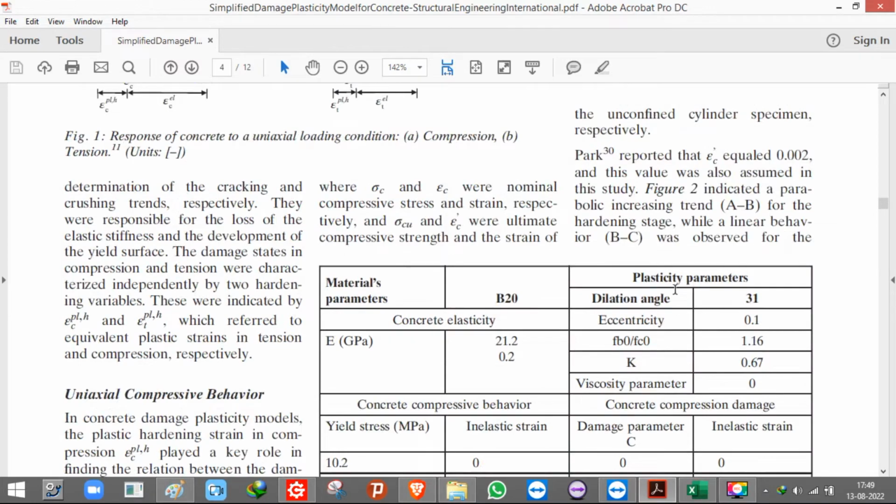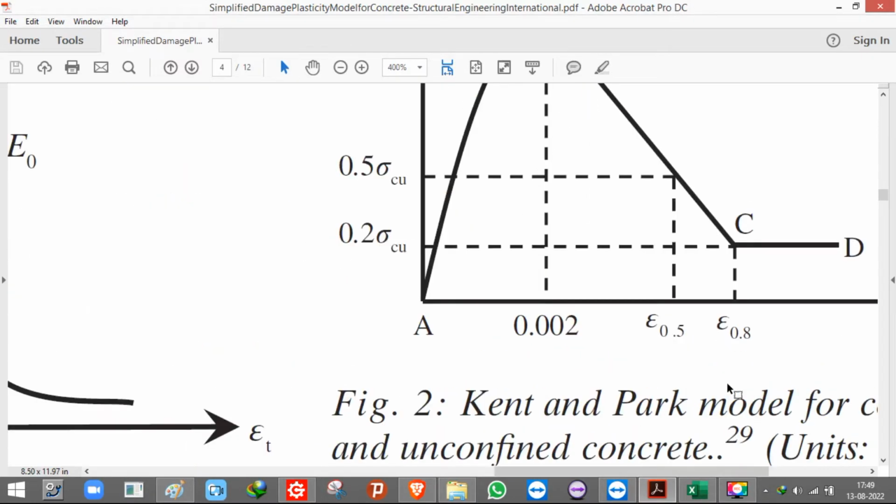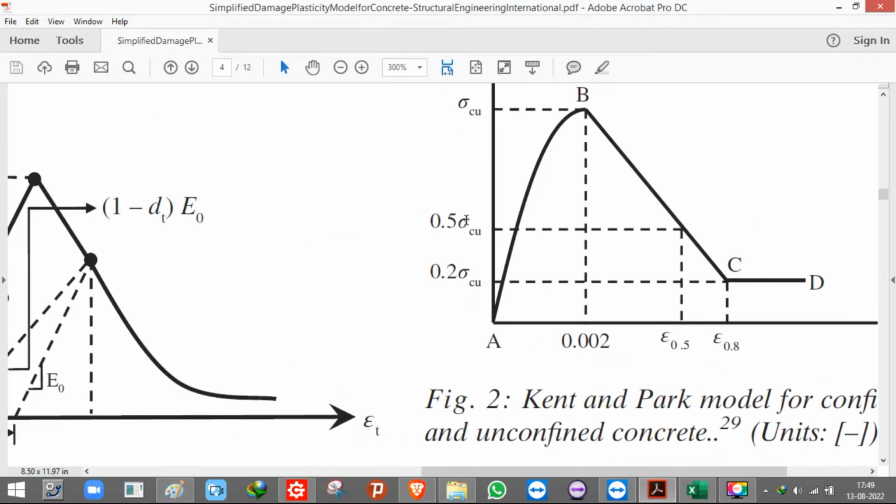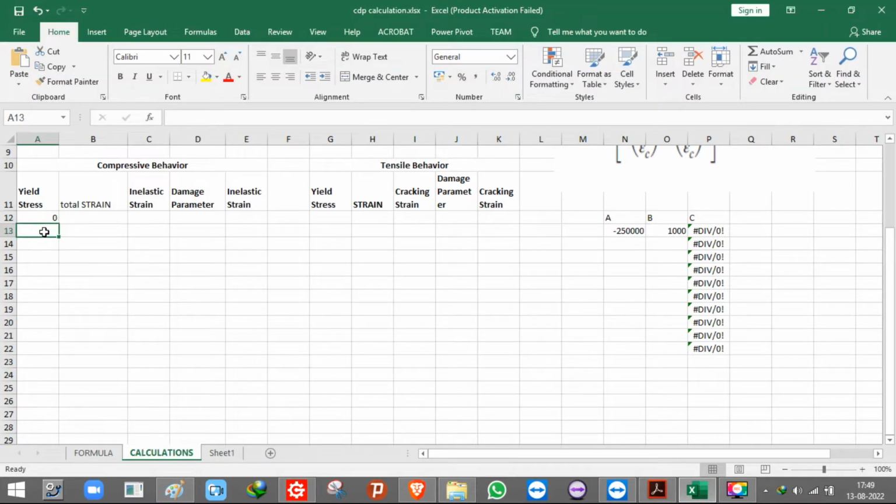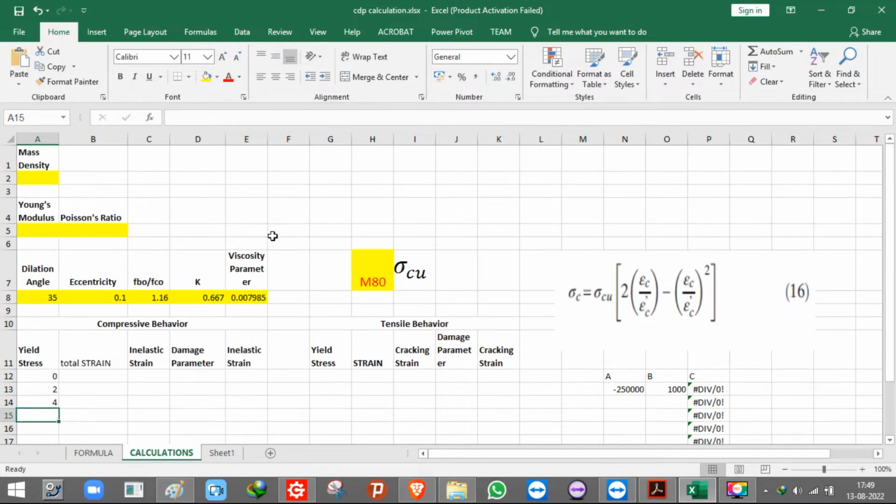if I use this Kent and Park model, they are basically saying that your elastic strain is up to 0.5 sigma Cu. So up to 0.5 sigma Cu the behavior is elastic, and after that inelastic behavior starts. So there is no significance in calculating these values, because if I start from 0 to 4, let's say I want to calculate for M20, I'm just giving you an example.